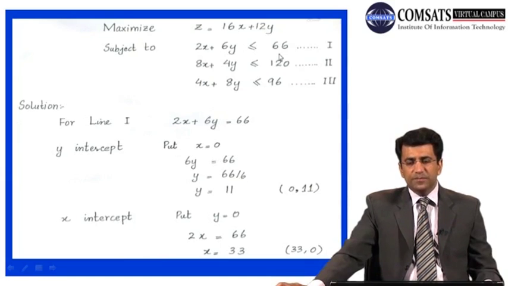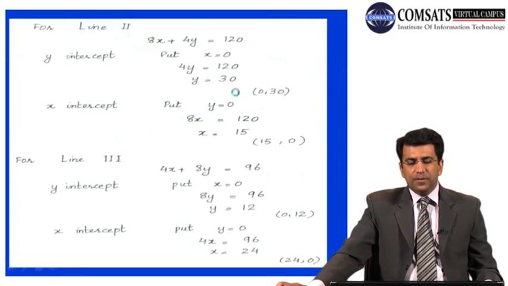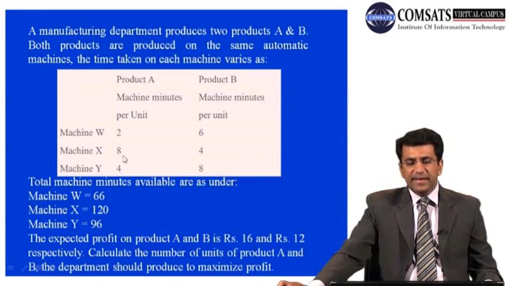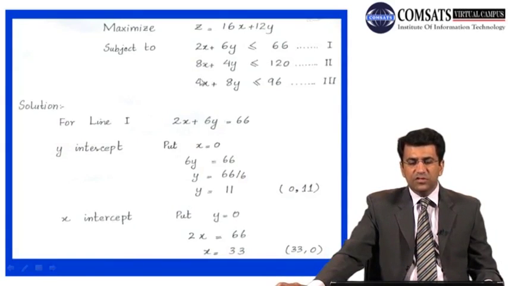This is our first constraint. Similarly, this is our second constraint for machine X, that is 8x + 4y less than or equal to 120. Similarly, we have the third constraint, that is 4x + 8y less than or equal to 96. So these are our 3 constraints.